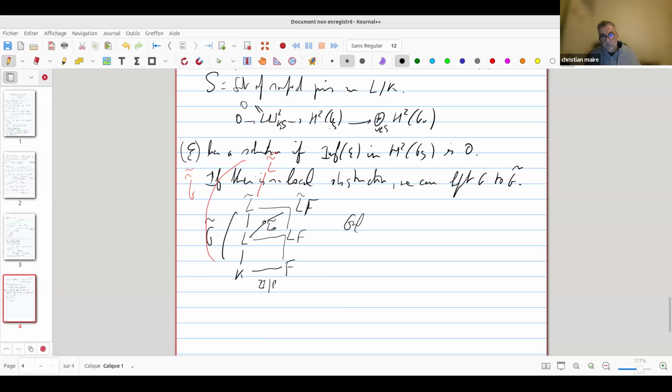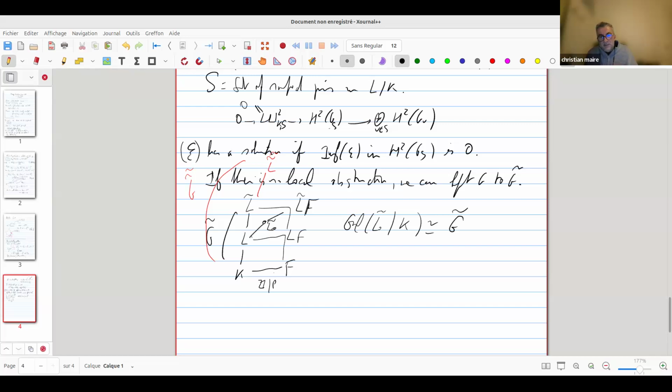Maybe I can write this way. The Galois group of this extension over K is isomorphic... L not tilde is different from LF. You take in the middle, it is isomorphic to G tilde. In fact, this is the idea. So if you have a solution here, the idea is that if you do some composition with some Z mod P extension, you obtain some new solution.